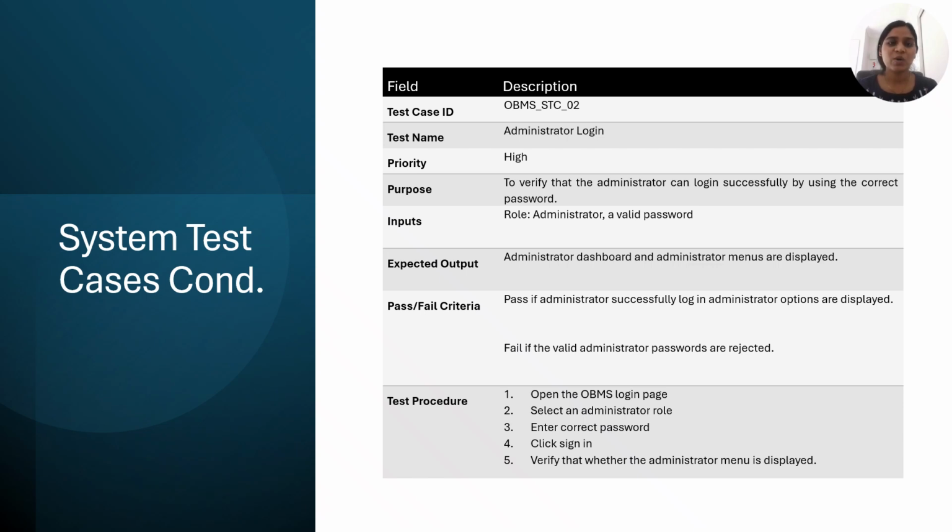The expected outcome was that the administrator dashboard and administrator-specific menu options would be displayed after successful login. This test case was important because administrator access involved higher level system privileges and secure access control. Therefore, validating correct authentication and role-based access was a critical part of the overall testing process.